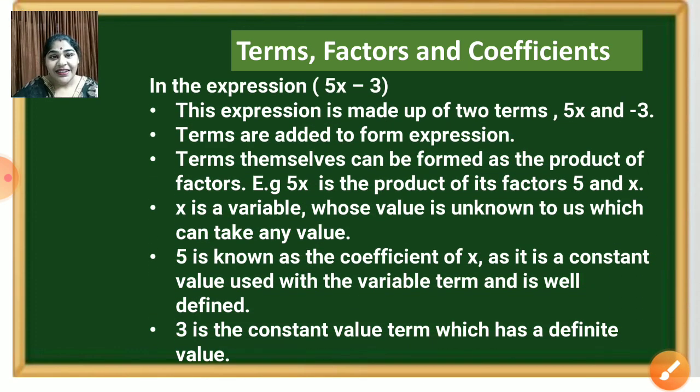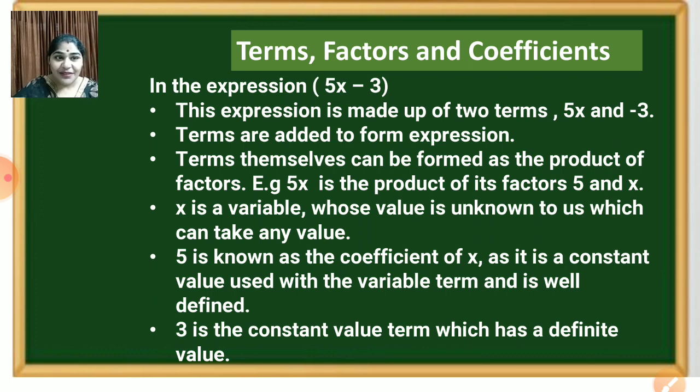Now let us see one more example, that is 5x minus 3. This expression is made up of two terms, children, that is 5x and negative 3. Terms are added or subtracted to form expressions. Terms themselves can be formed as a product of factors.